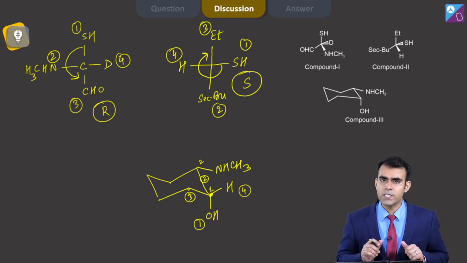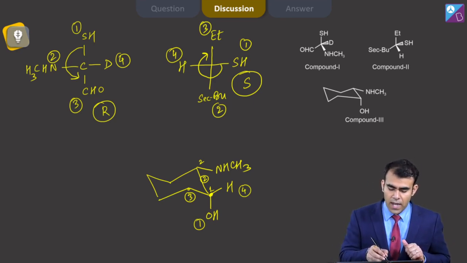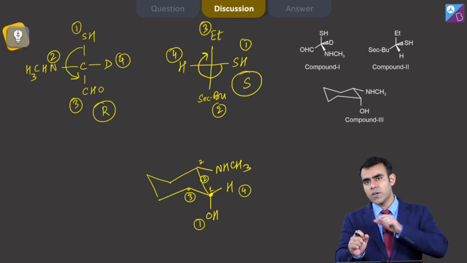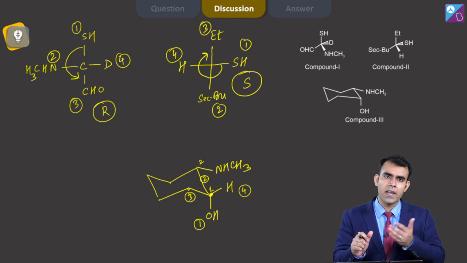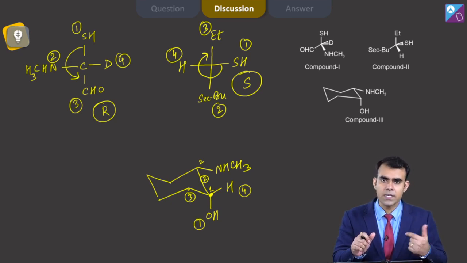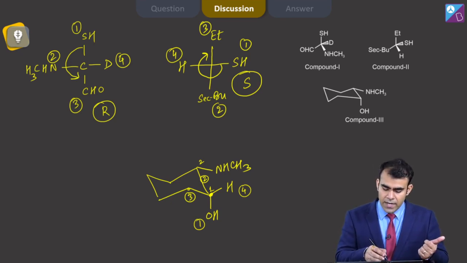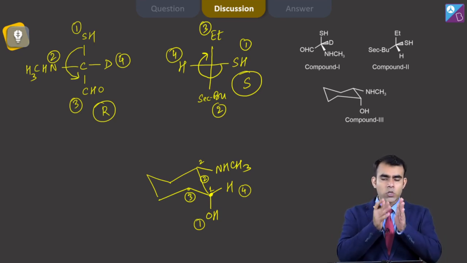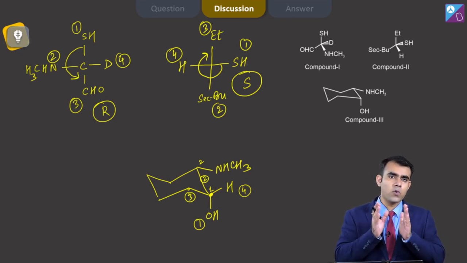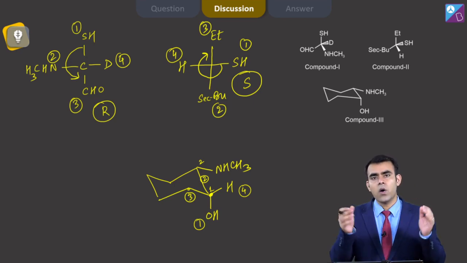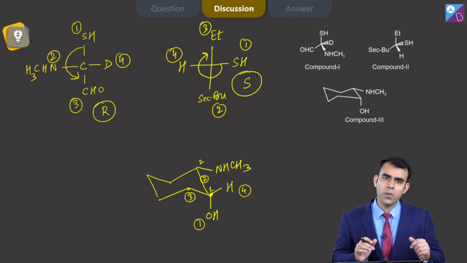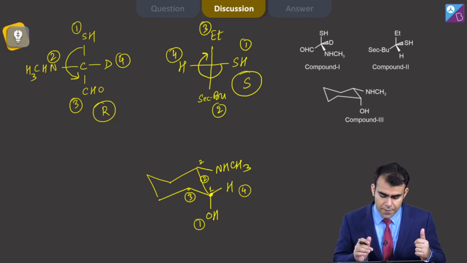Now we have two ways to do this. First is, either I hold H and look at 1, 2 and 3. If I am moving in clockwise, then it is R, and if I am moving in anti-clockwise direction, then it is S. And the second way is that I assume two bonds in a way that they are going away from me. Those which are coming towards me are on the horizontal line, and those going away from me are on the vertical line.